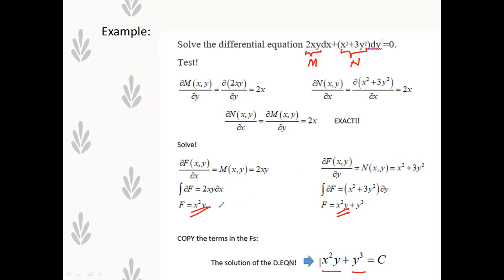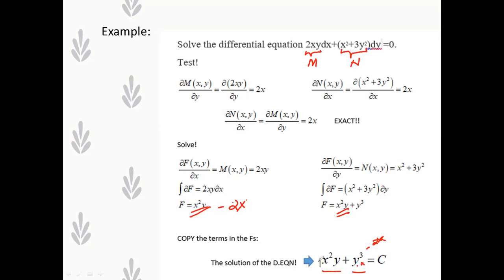Example, class, you have here minus 2x. Since you have here a minus 2x, which is not common for the two f's, you also need to include it, you place here minus 2x, in the solution of your exact DE. So all the terms in your f expressions should be well represented when you write the solution of your exact DE.